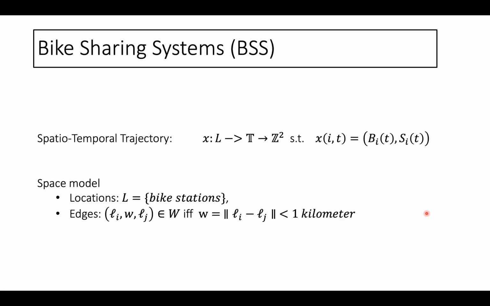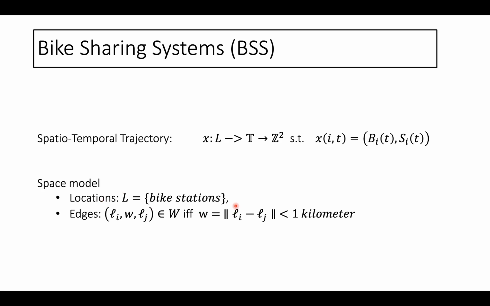The spatio-temporal trajectory corresponds to the evolution in time of the number of bikes and free slots in each bike station. As for the space model, we have the bike stations as locations.